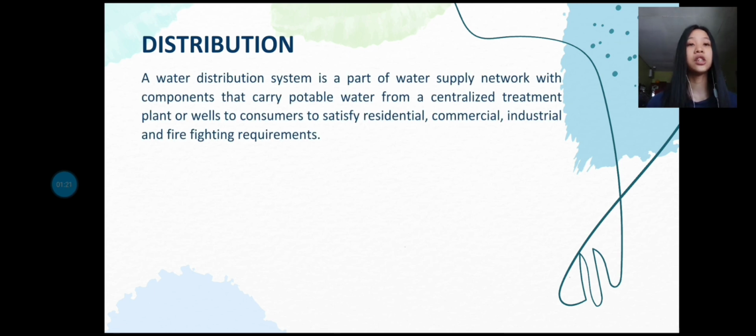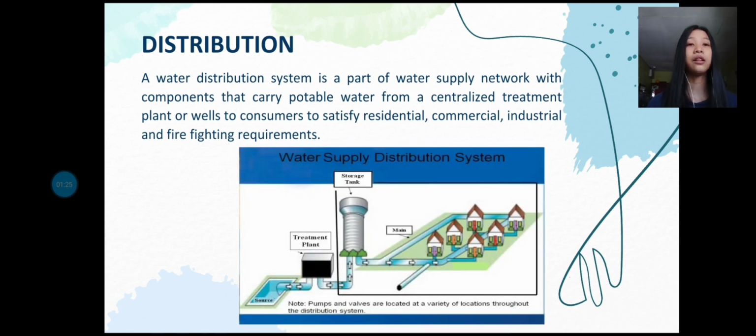The water distribution system is a part of the water supply network with components that carry potable water from a centralized treatment plant or wells to consumers to satisfy residential, commercial, industrial, and firefighting requirements.